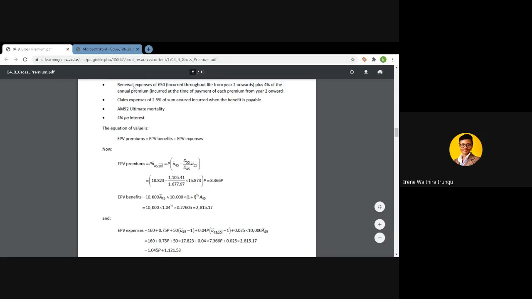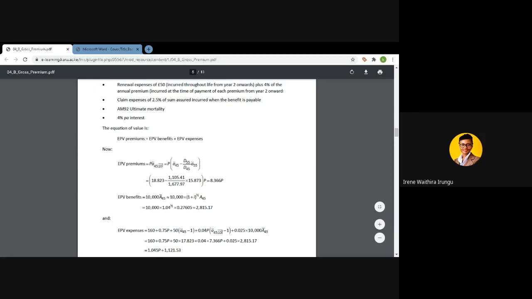So we are told that renewal expenses of 50 are incurred throughout life from year 2 onwards. Remember this renewal expense, the fact that we're told it is incurred throughout the life from year 2 onwards means it is not attached to the premium payment, but as long as the life continues to be alive, that renewal expense will continue to be incurred irrespective of whether Gordon has stopped paying the premiums.